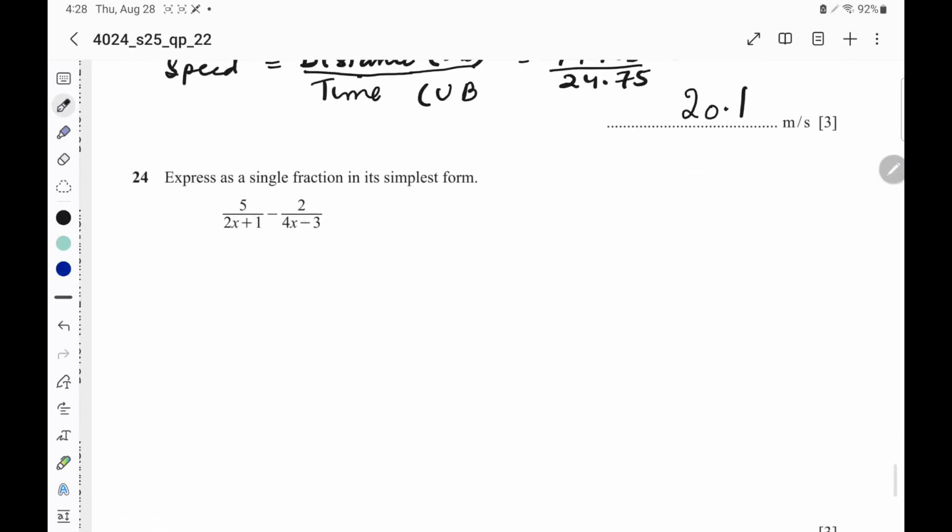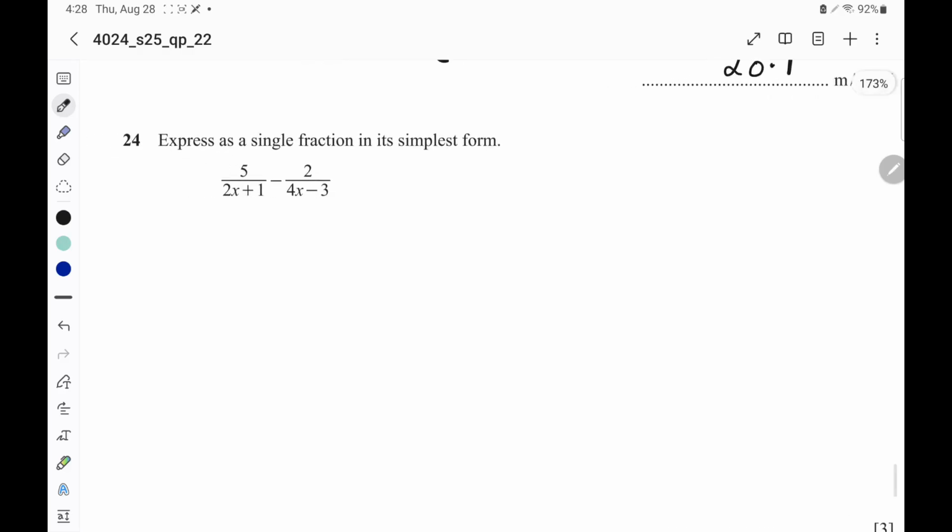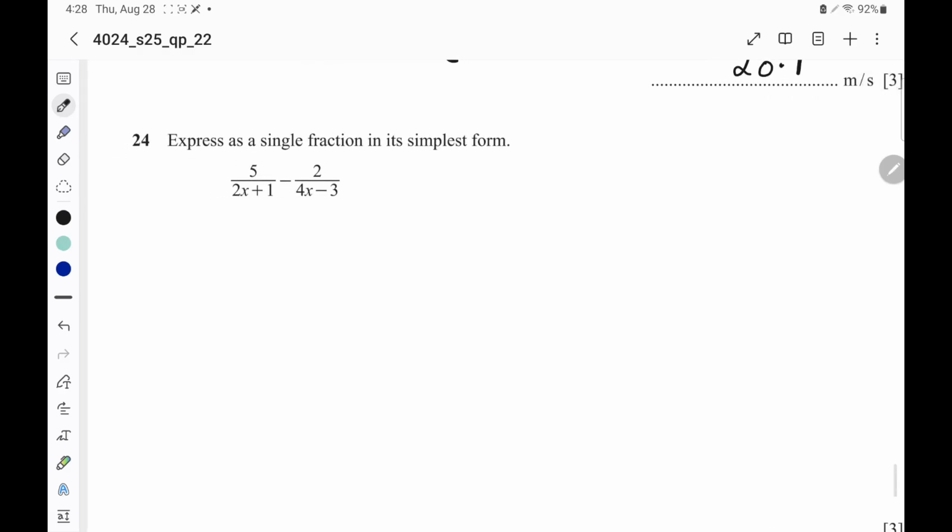The last question, sorry, it wasn't the last question. Now 24 is the last question. Express as a single fraction in the simplest form. So you know that 2x plus 1 and 4x minus 3 is there. So we will take the LCM. The LCM will become 2x plus 1 and 4x minus 3 both.